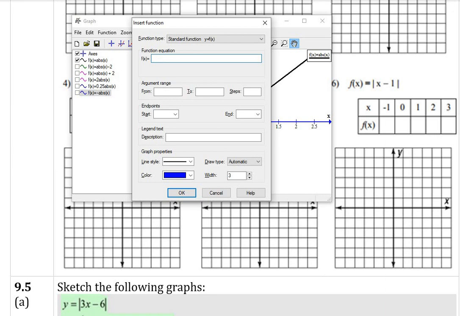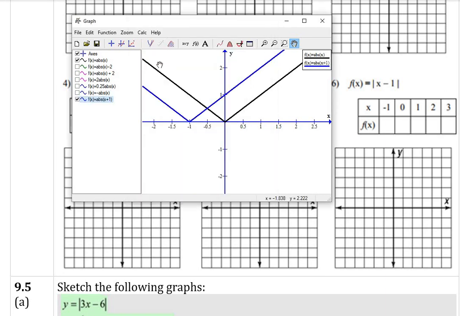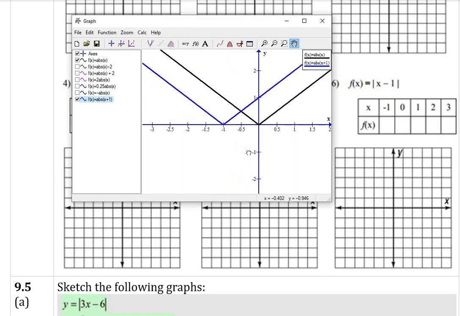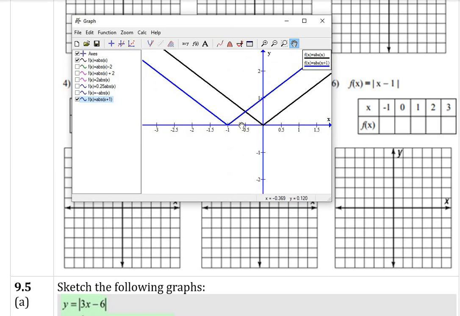So we do the absolute value of x plus 1. And then we see exactly as we expected, the whole graph moved 1 to the left because the salient point must now be minus 1, 0. The P, Q, minus 1, 0.